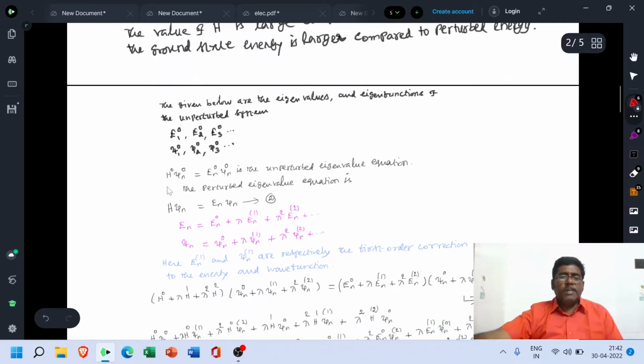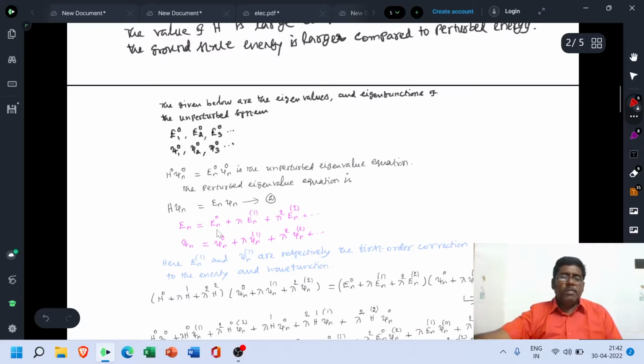Therefore, we may construct an eigenvalue equation for the unperturbed system: H0 psi n 0 equal to En 0 psi n 0. This is called our unperturbed eigenvalue equation. Now the perturbed eigenvalue equation is H psi n equal to En psi n.